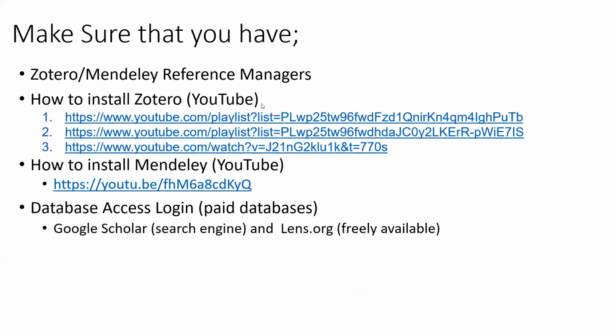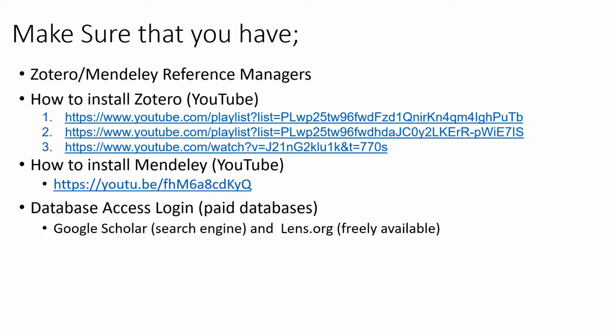So we all know that we must have database access to do systematic literature reviews. When you are using software, we must have a database access login, and the input data files need to be generated using the databases. We have handy databases as highlighted in the first session.